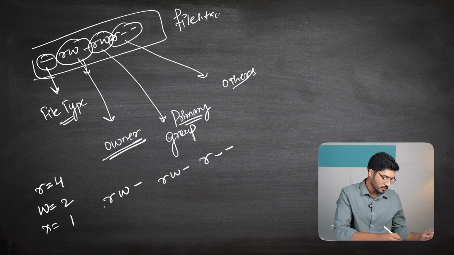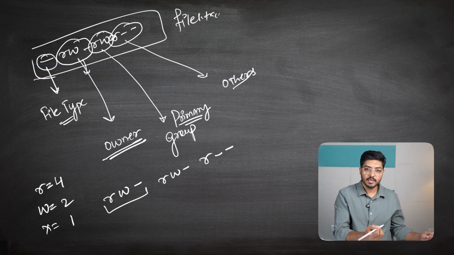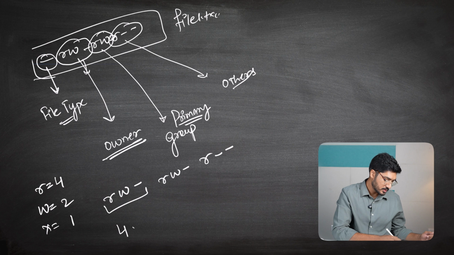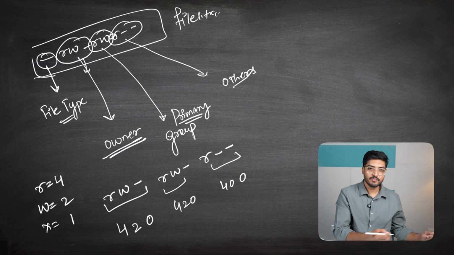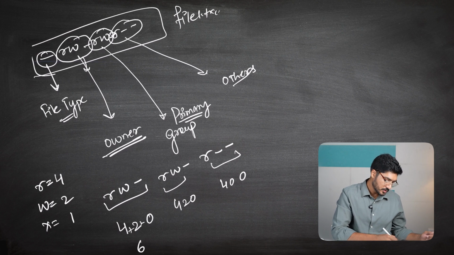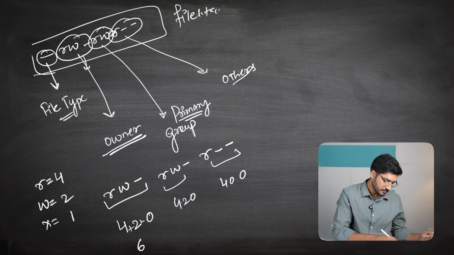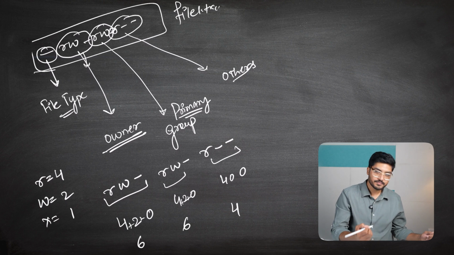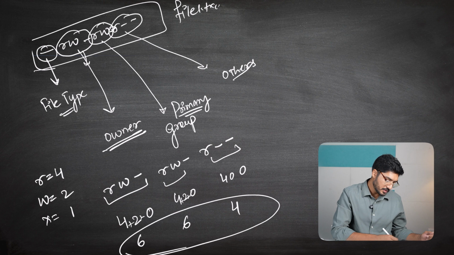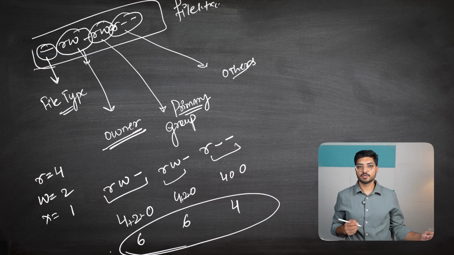So currently it's 4, 2 and 0. This is also the same, 4, 2, 0. This is 4, 0, 0. If you add this up, you see 6, then you add this up, you see 6, and then this is 4. So the default permission for a file is 664.